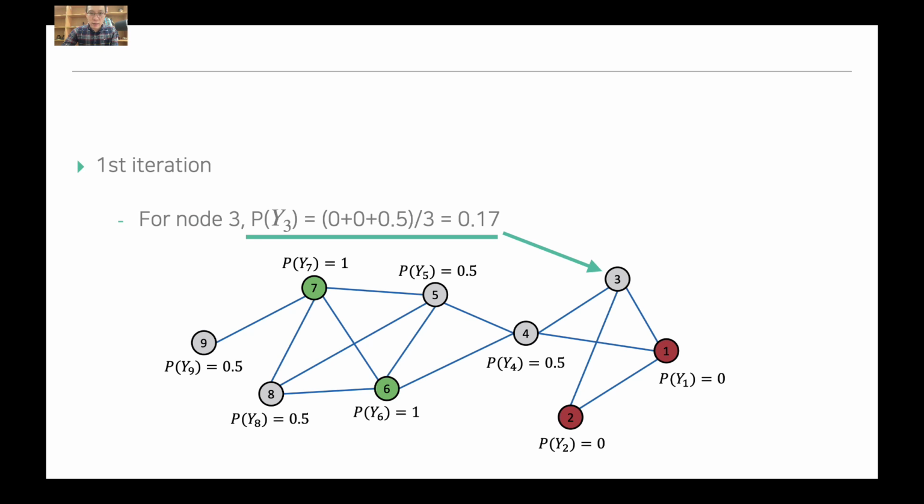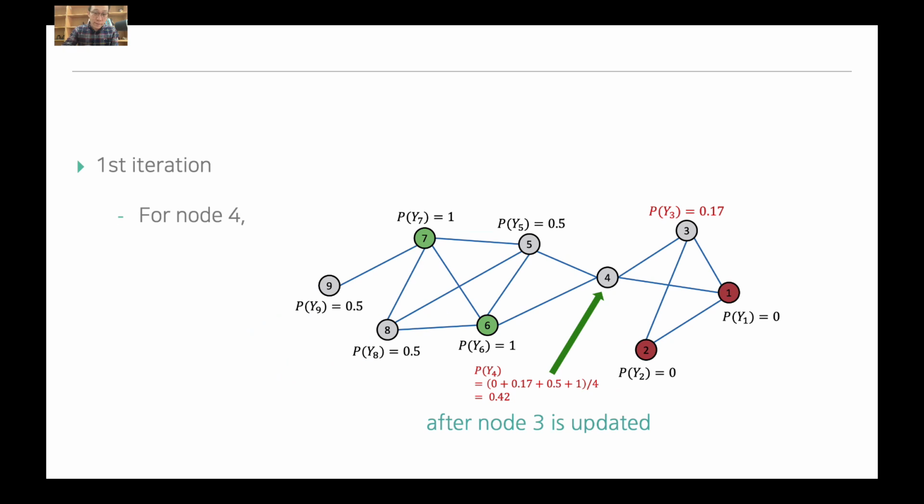The neighbors are 1, 2, and 4, right? 0, 0, and 0.5. And their average is equal to 0.17. It is a simple arithmetic average.